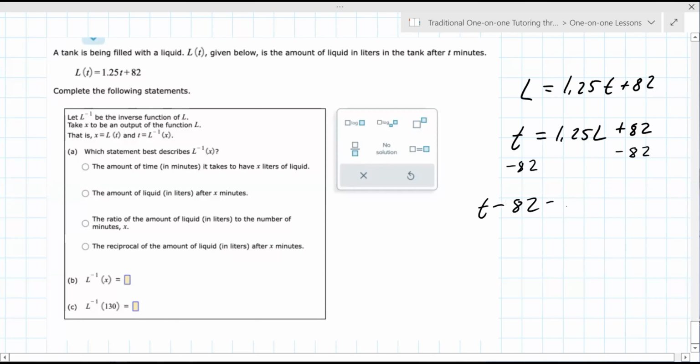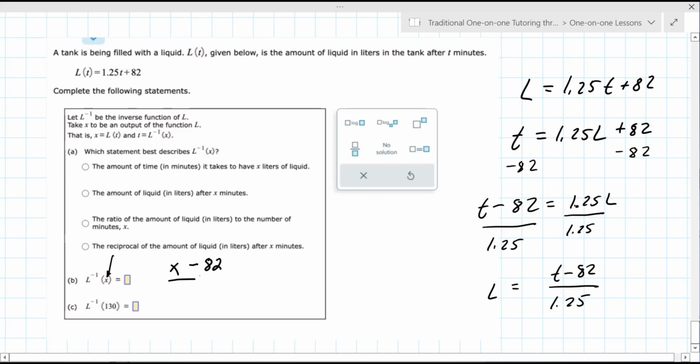T minus 82 equals 1.25 L. Then you divide both sides by 1.25. So L equals T minus 82 over 1.25. Now they want it in terms of X, so you're going to use X there: X minus 82 over 1.25.